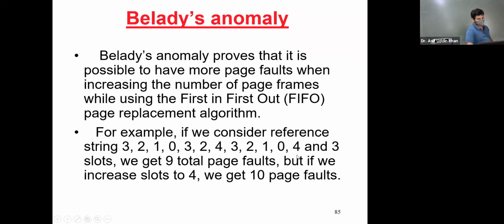You apply the FIFO algorithm with this reference string of page numbers for 3 frames and 4 frames. When you take 3 frames, you will see the number of page faults will be 9, and if you take 4 frames, the number of page faults will be 10. So this is Belady's anomaly. Can you check it?